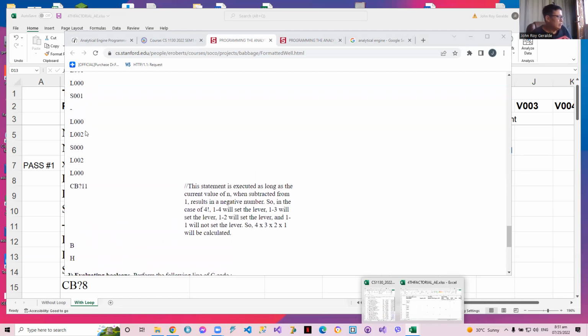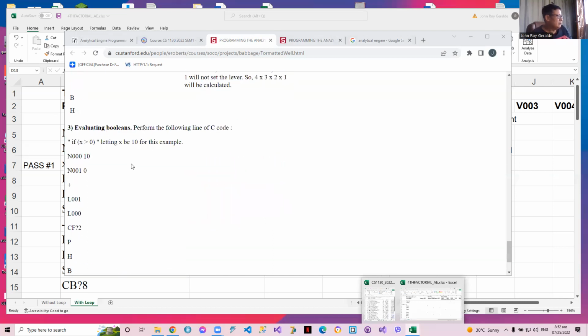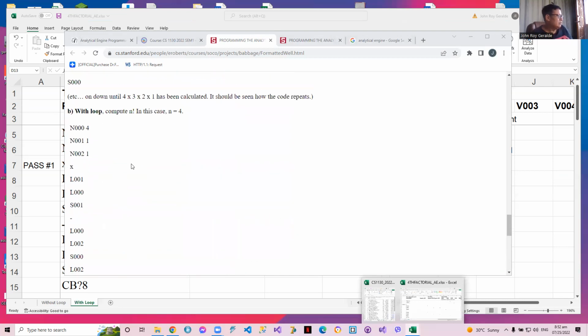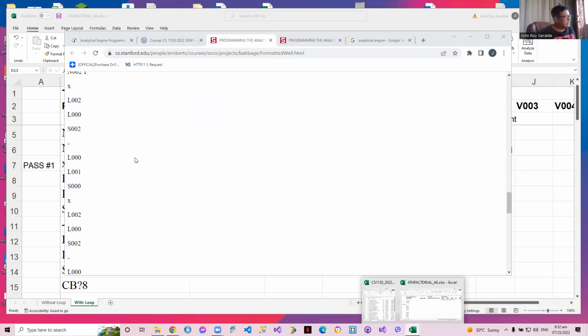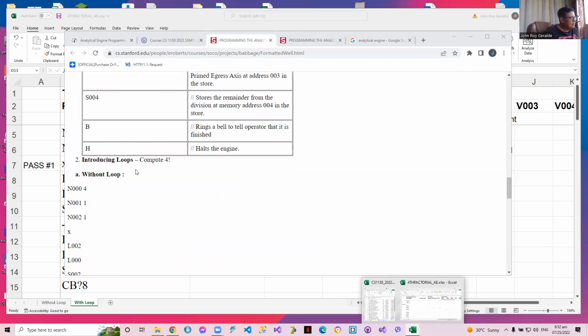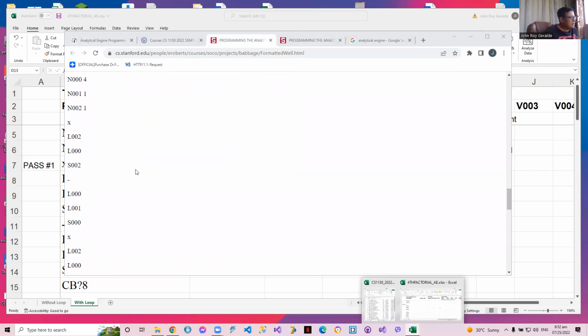So L00. It will transfer the value. This is the actual one.